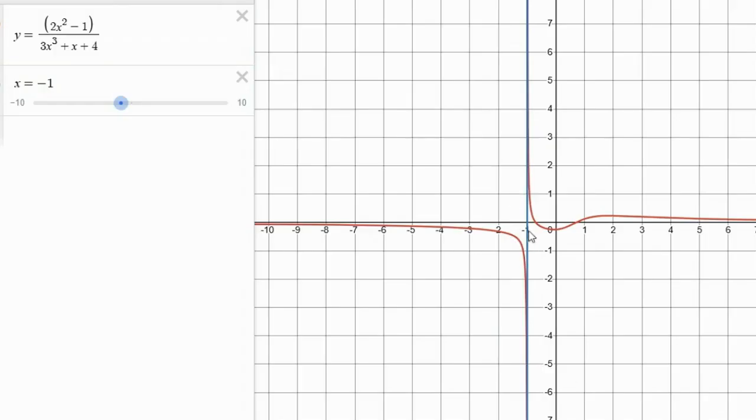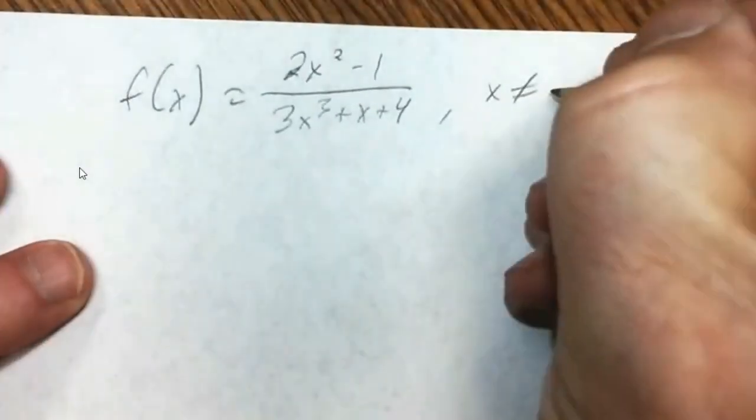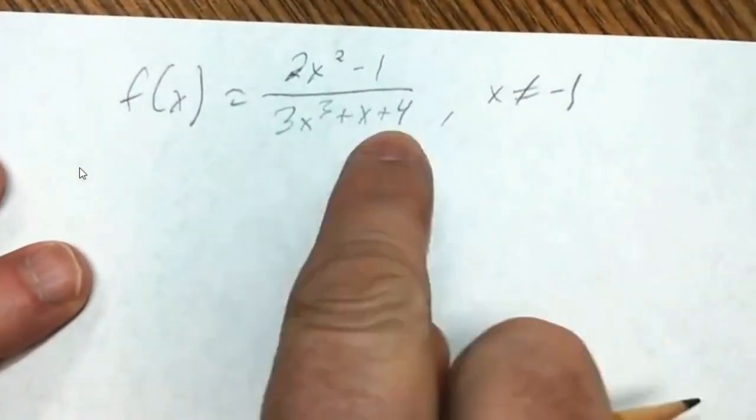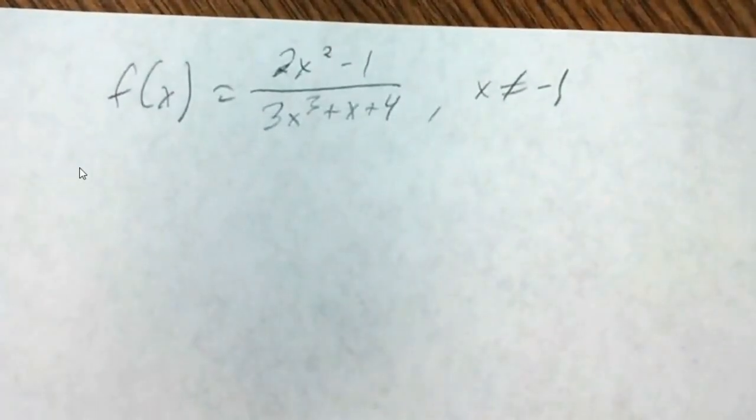So this is an asymptote. It's a vertical asymptote because it does not exist. If we put negative 1 into there, 3 times x to the third, negative 1 to the third is negative 1. So it'd be negative 3 plus another negative 1 plus 4. So yeah, negative 1 would be what we would have on this. X cannot be negative 1 because that's what makes this 0 down here.